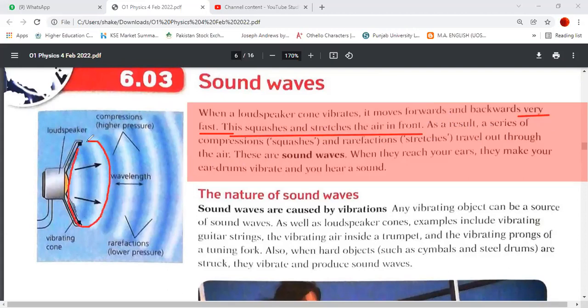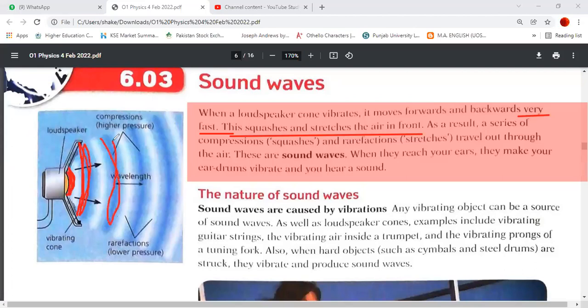Since this area is vibrating, and since the air is present around it, it is pushing and pulling the air layers. And so at some places the air has been compressed.